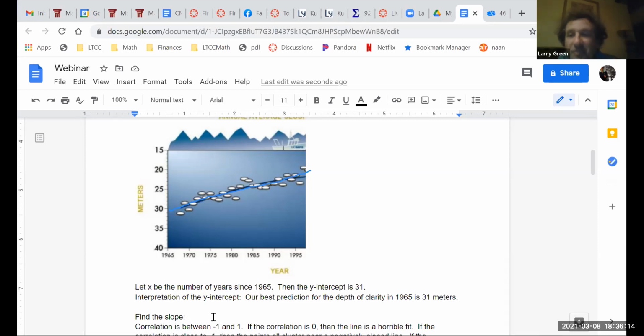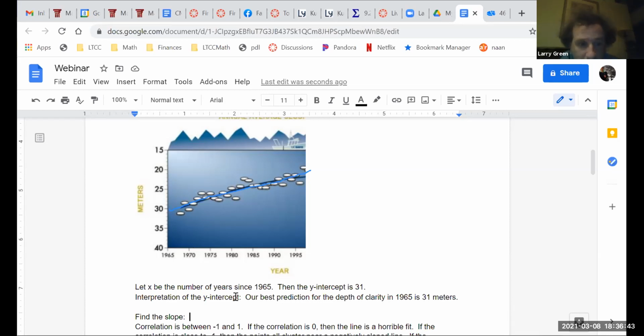Yeah, rise over run. Okay, so we look at the rise over the run. I'm just going to go from the beginning, 1965, to 1995. That's as far as I can go with a good number here. Notice that we are rising from 31 to, if we look at 1995, about 21. Do you see that?